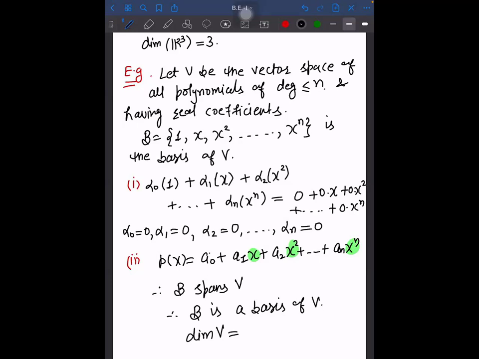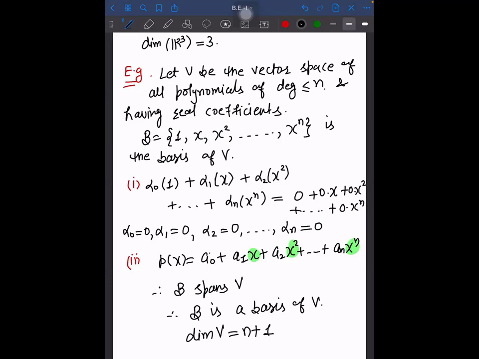Check how many elements there are. From 1 to n it would go, but there is one more, that's why I changed it and put alpha naught over there. So the dimension of this vector space is n plus 1. If anybody asks you what is the dimension of the vector space of polynomials of degree less than or equal to 5, then what should be the answer? 6. Yes, 6. That's how it works.